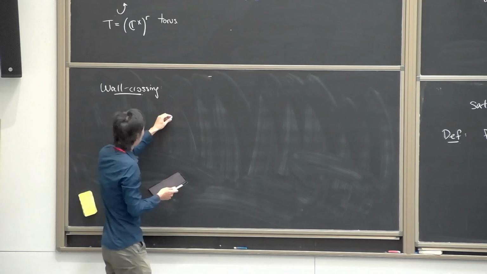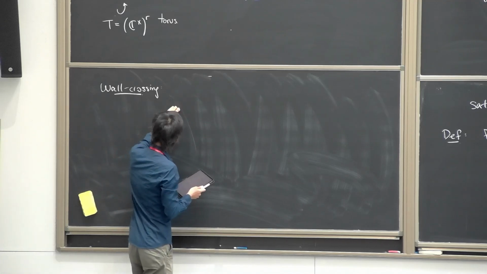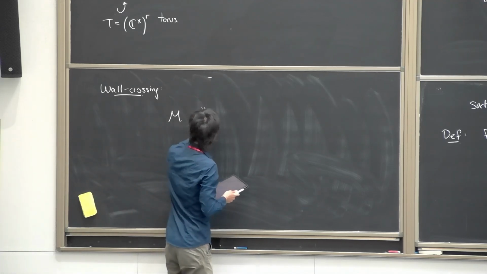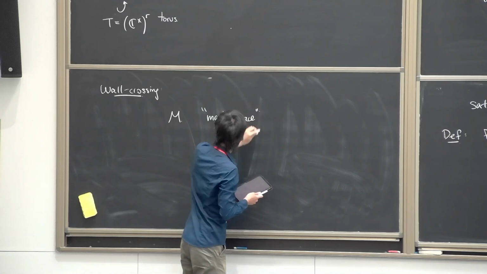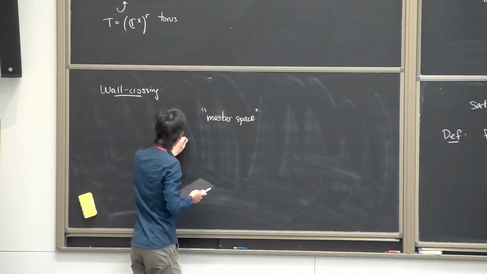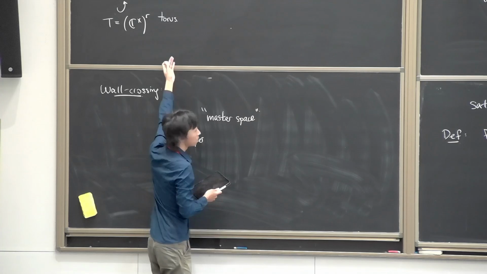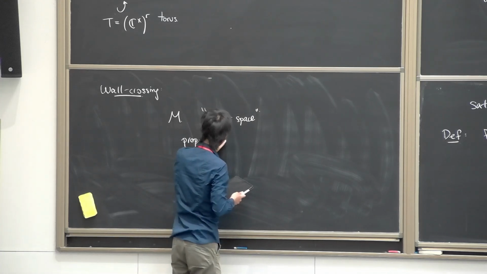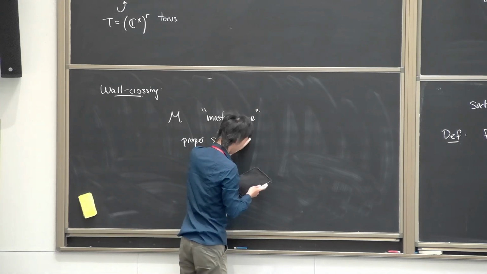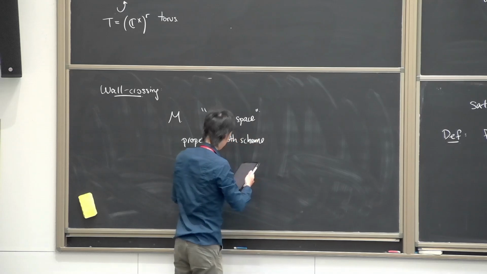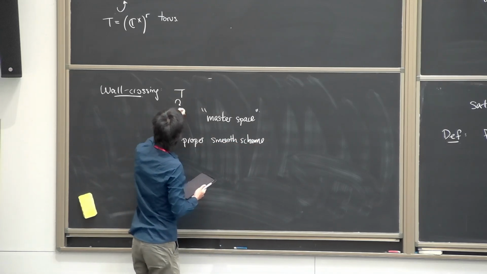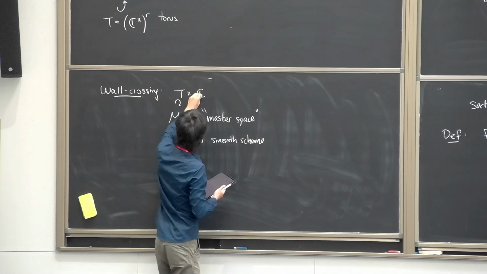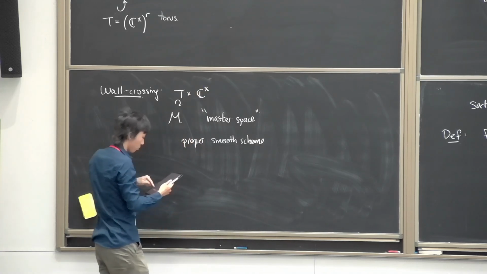So the setting is that you're going to start off with some M, the so-called master space. And M will be a proper, smooth scheme, same conditions as above, with the action of T again, but also a commuting action of some new one-dimensional torus C star.